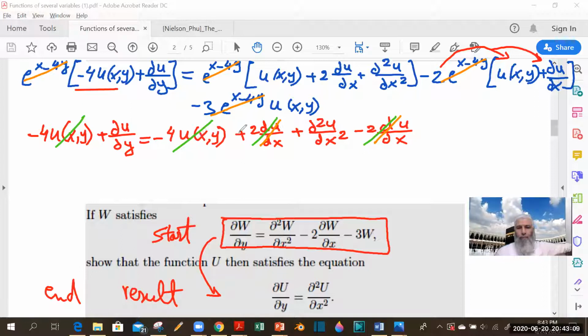Or is it simplified? Where, in this line or previous? This line, yes. Look, here we have u multiply x, y, then this is not multiply, this is u of x and y, a function of x and y.